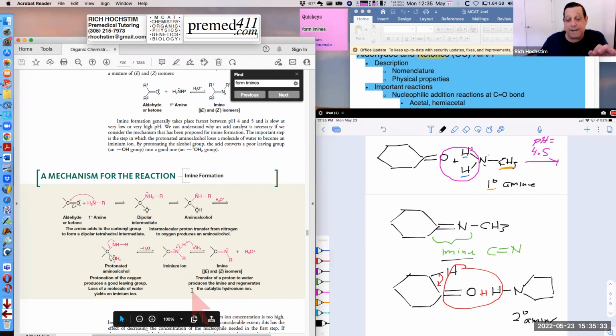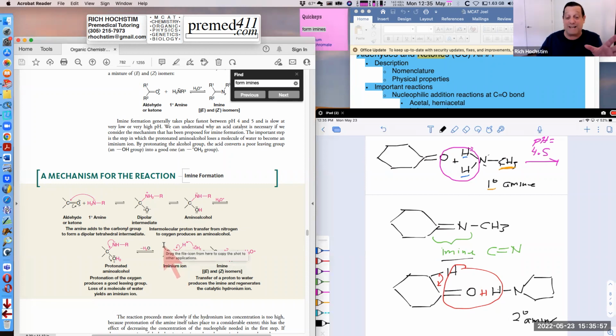But what's interesting is the enamine reaction is really almost identical to this, except in the last step. In the enamine reaction with a secondary amine, this hydrogen over here is an R group. So you can't remove this. So you can't get an imine. But there's a hydrogen here, and that hydrogen is removed.